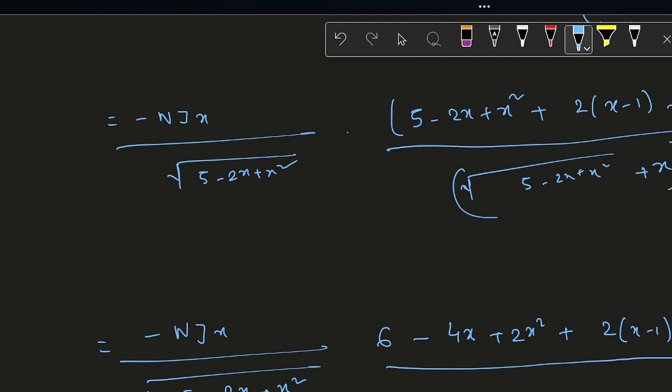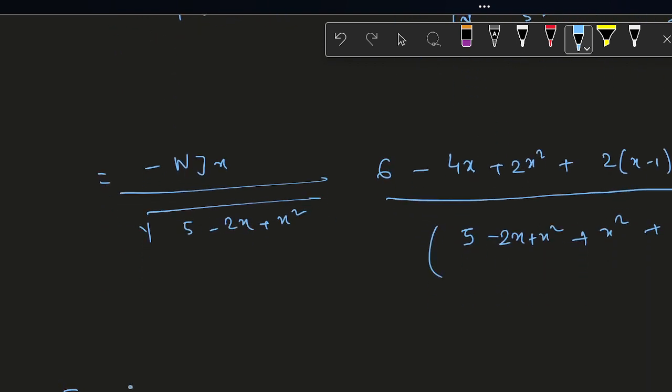And the denominator is a plus b whole square, here is 5 minus 2x plus x squared, plus b squared is x squared, plus 2ab is 2x into 5 minus 2x plus x squared, then minus 1 as it is, okay.